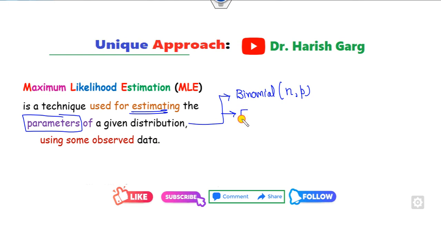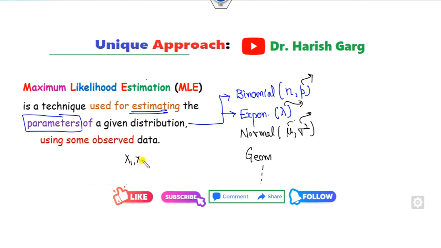If you have the exponential distribution, how many unknown parameters? Only one. If you have a normal distribution, how many unknown parameters? Two. And similarly for the other distributions. So the target of MLE is to estimate these unknown parameters based on the random samples. That's the purpose of the MLE.